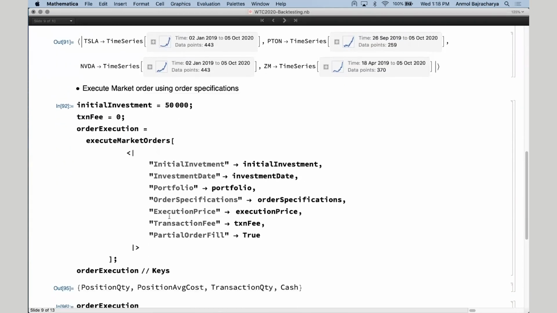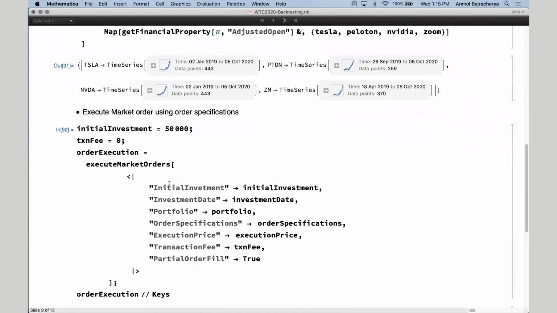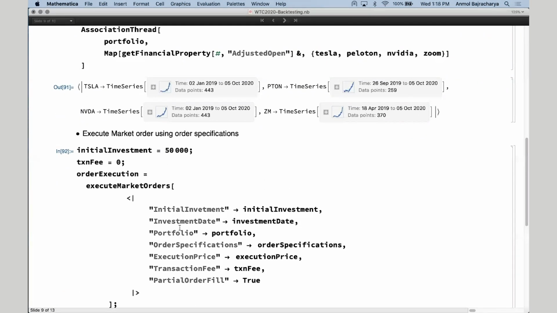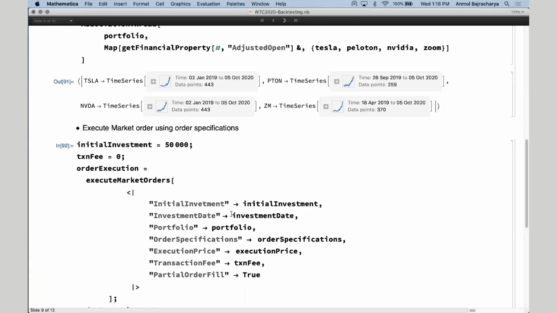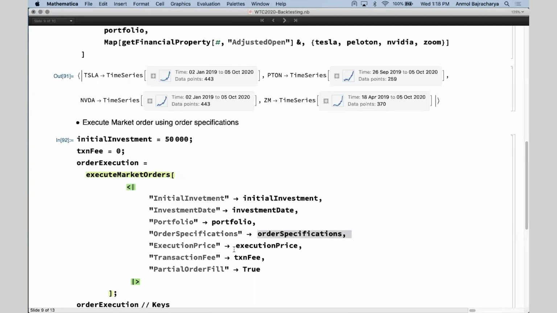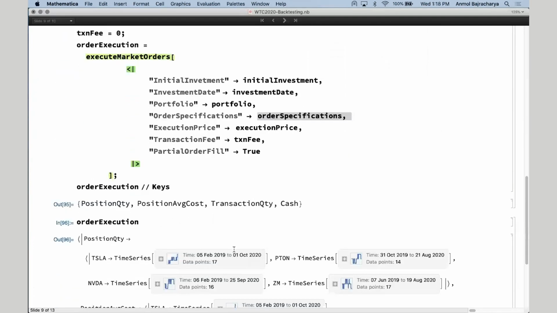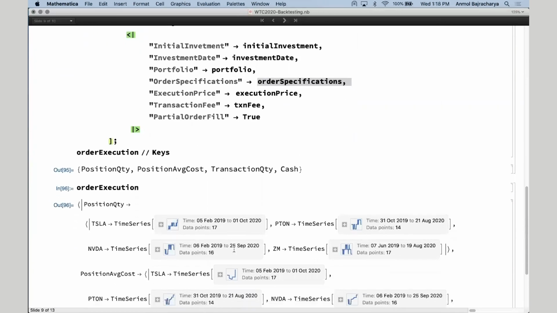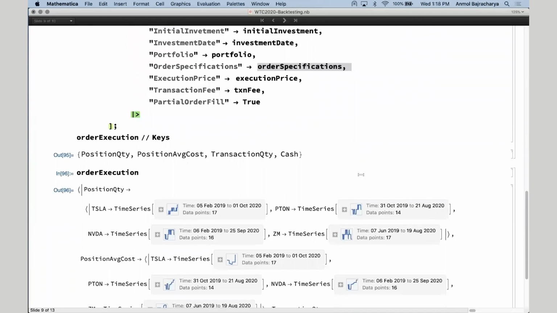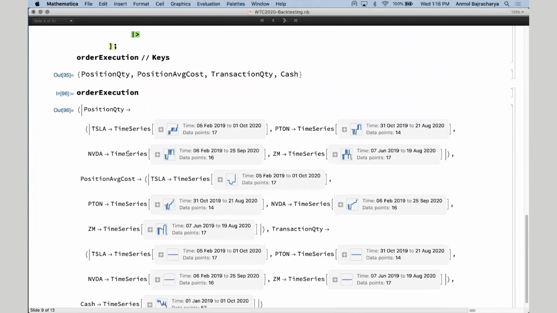And for the execution price, I'll be using the open price, and you feed that information, the buy dates and sell dates, or order specification, and portfolio, and you evaluate this function, and it's going to give you an association of position quantity, average cost, transaction quantity, and cash value that you have. So this is just going to be an association, and each association has a value of association with the different key values of the different stocks, like this.